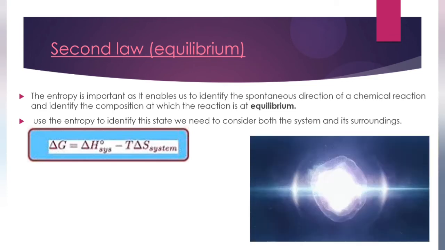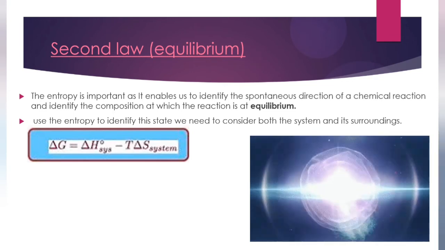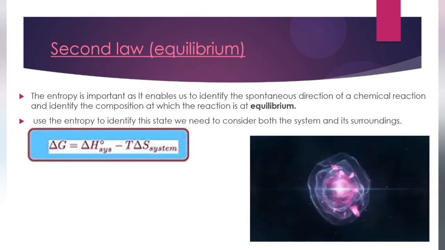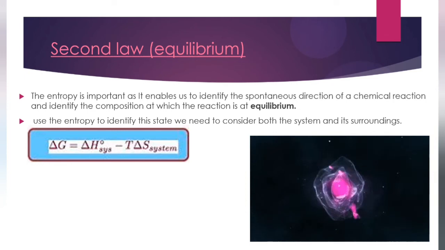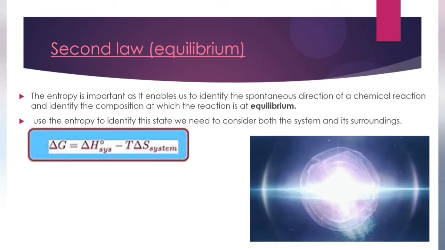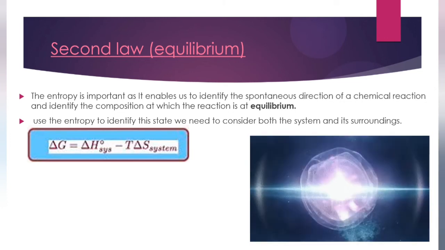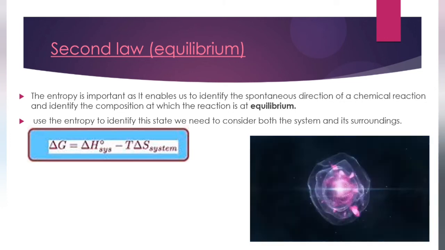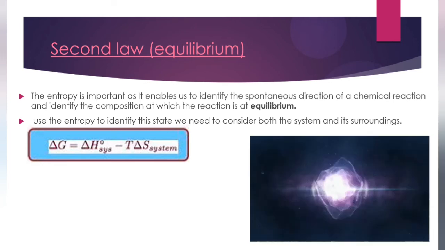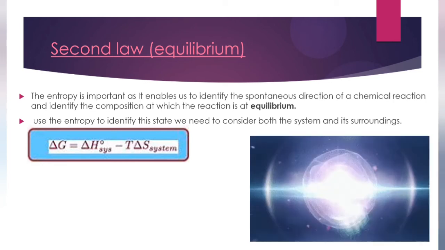This task can be simplified if the reaction is taking place at constant temperature and pressure, for then it is possible to identify the state of equilibrium as the state at which the Gibbs energy of the system has reached a minimum. The Gibbs energy is defined as G equals H minus TS.